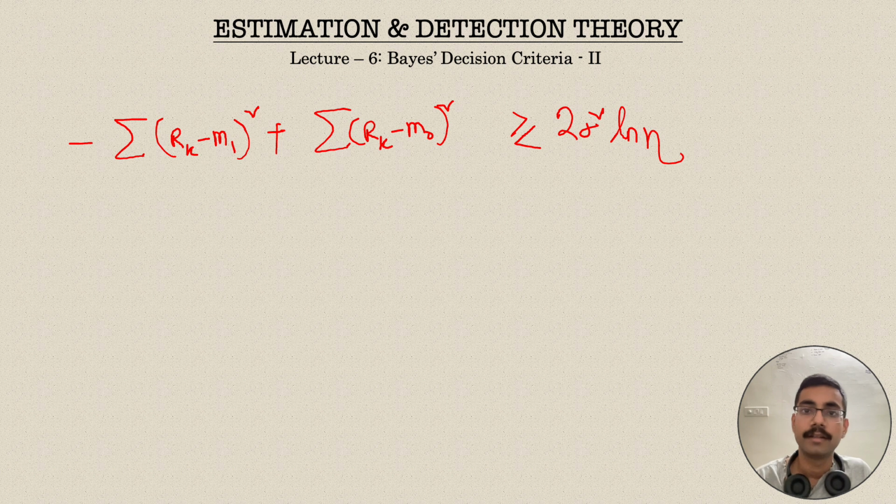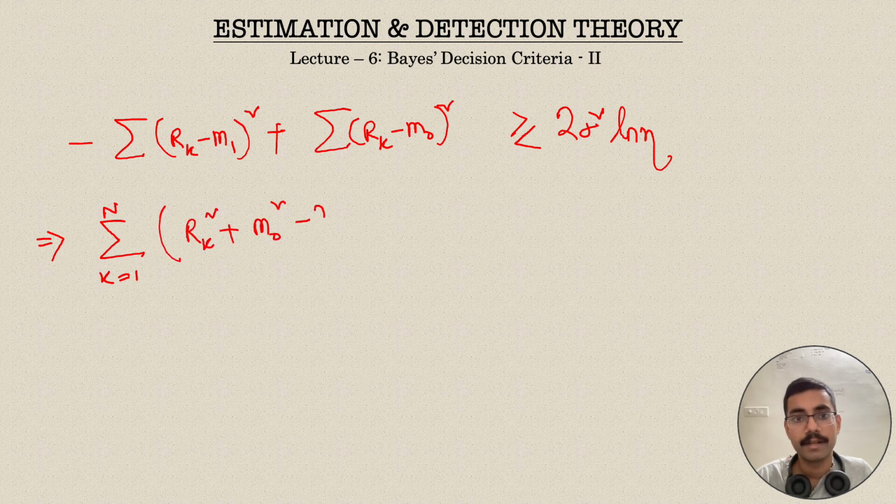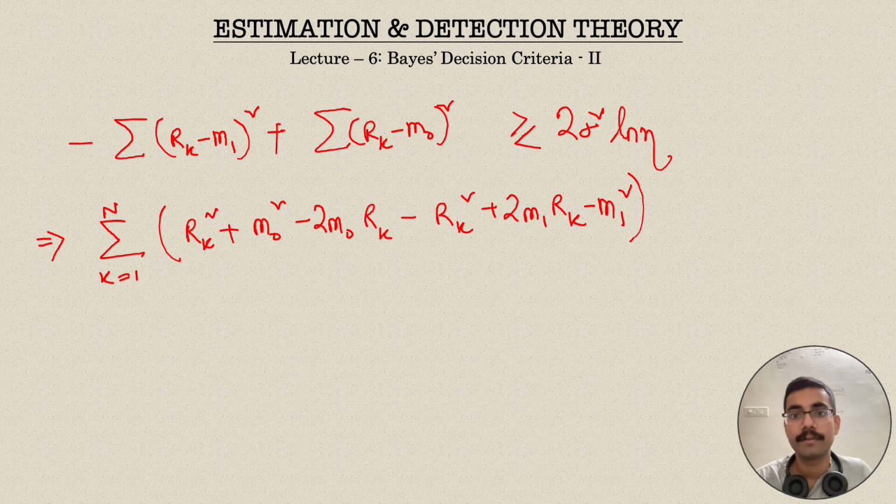The 2 sigma square which was divided, we took to the right hand side. So now let's expand the summation. This is a very trivial job. This is rk square plus m0 square minus 2 m0 rk minus rk square plus 2 m1 rk minus m1 square, greater than or less than 2 sigma square ln eta.